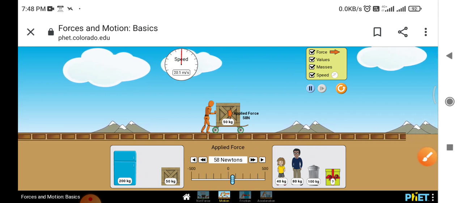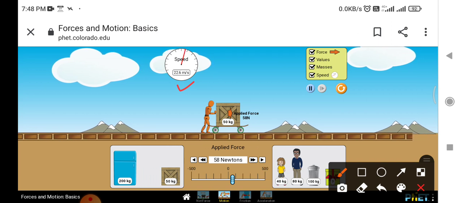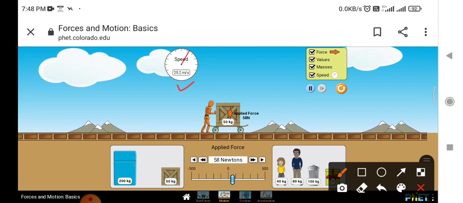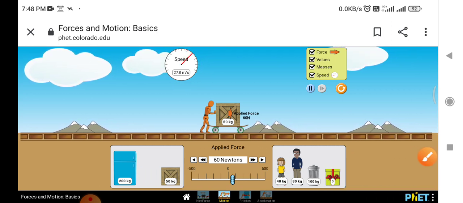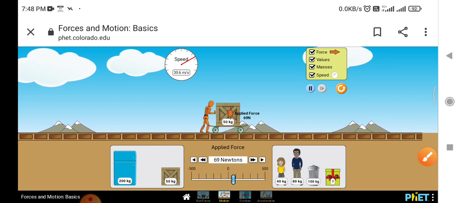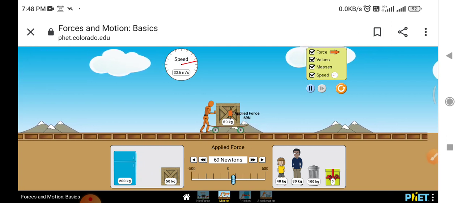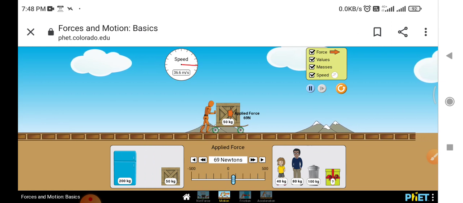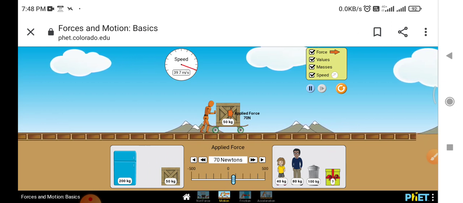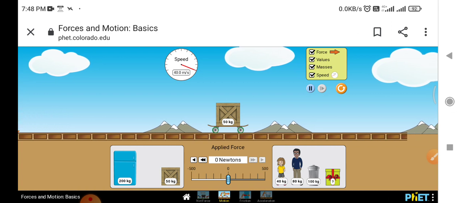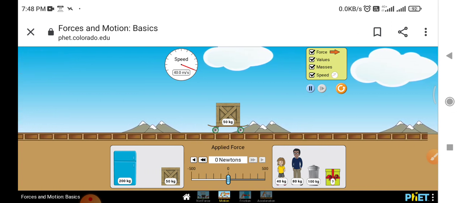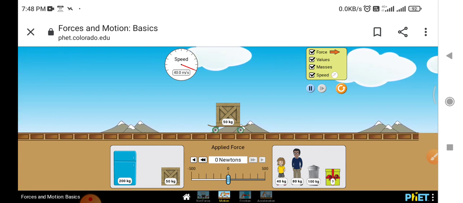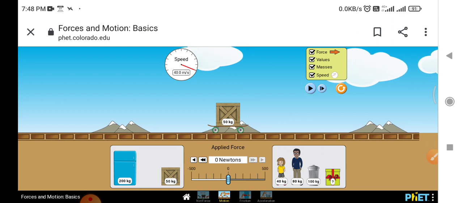See the speedometer here, the object moves very fast. So here I gave 70 Newton of force to the 50 kilogram object. From this we can learn that force is required to change the state of the object.